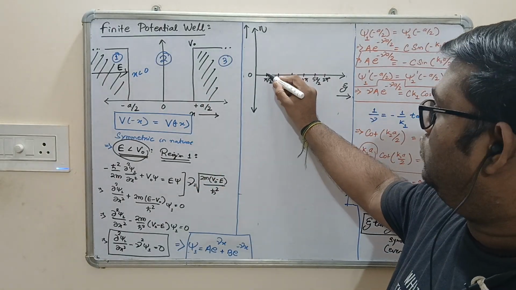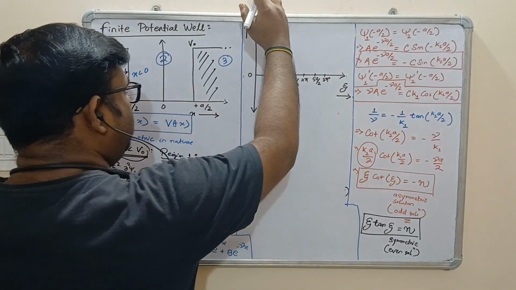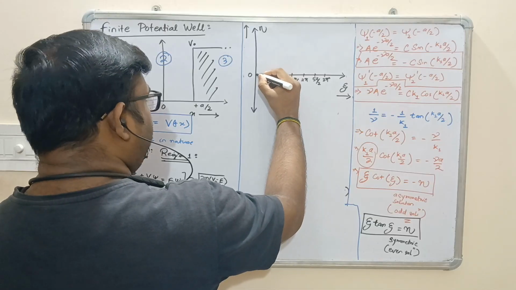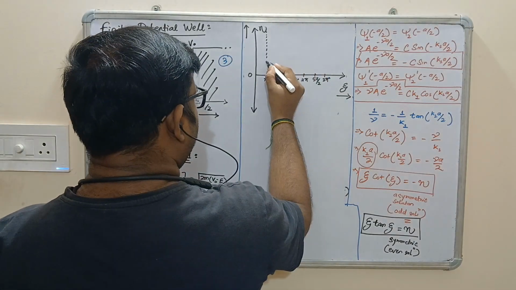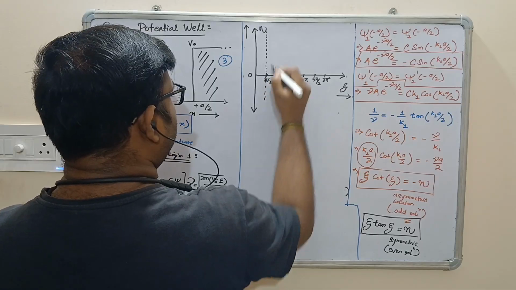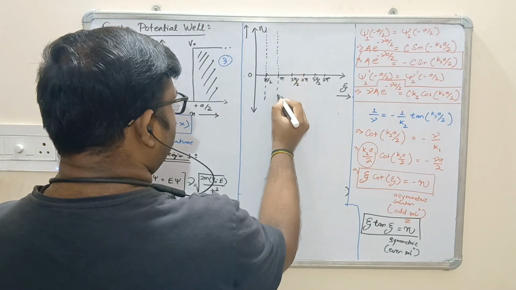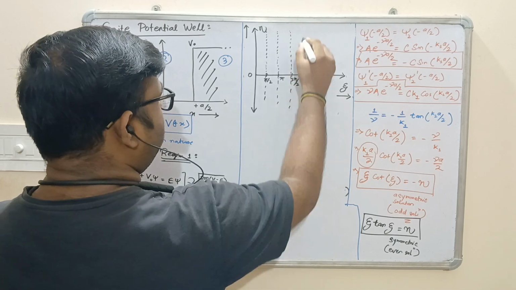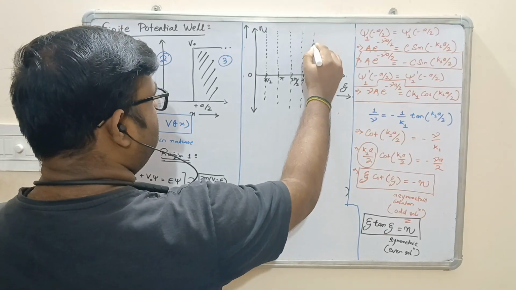So at pi by 2, tan theta will be what? Infinity. So now the equation of tan... okay, wait a minute, I have to draw the shaded line for me to keep the limits safe.